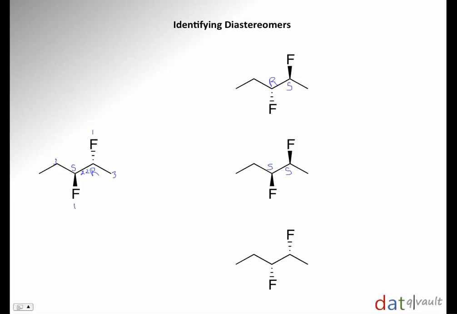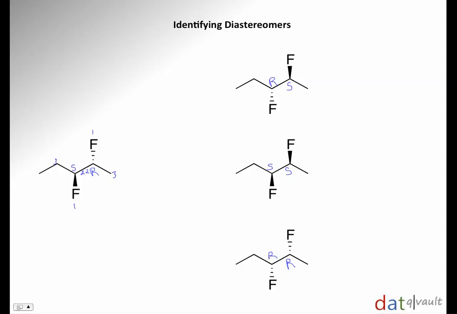So the fact that we went from SR to SS now, we can determine that these two molecules are diastereomers. Similarly with this molecule, we went from SR now to RR. So these two molecules with respect to each other are diastereomers, but now these two molecules with respect to each other, we flip both stereocenters, SS to RR, so these are enantiomers of each other.